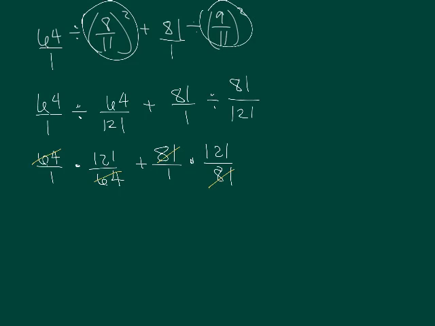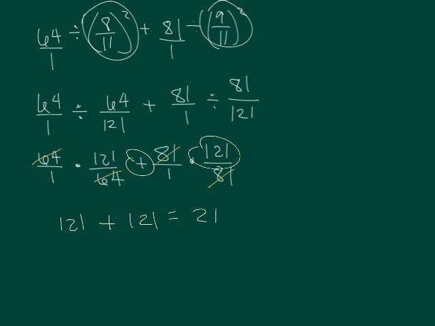Now notice I did not cross the plus sign. I just took this and this and this and this. And that leaves me with a 121 over here, and a plus, and a 121 over here, and I just add those together, and I'm done.